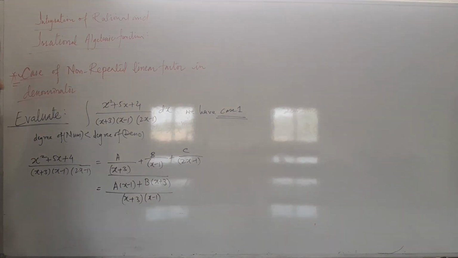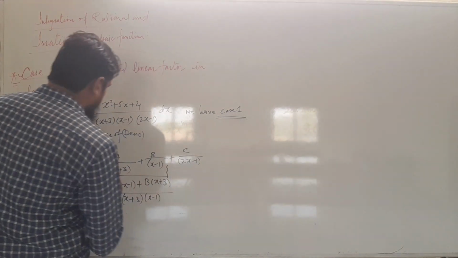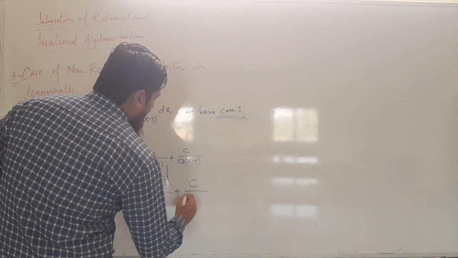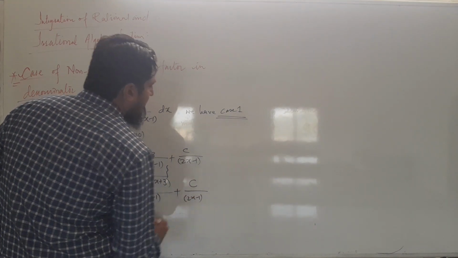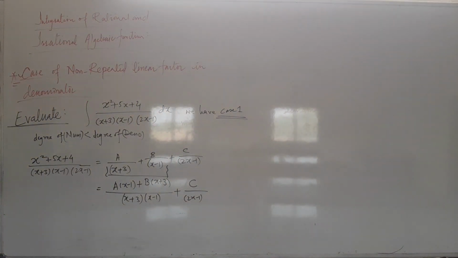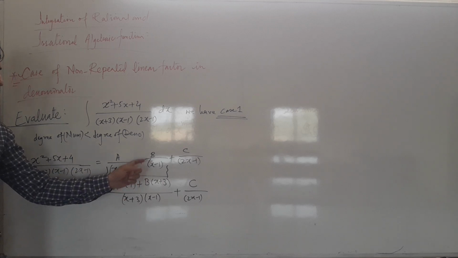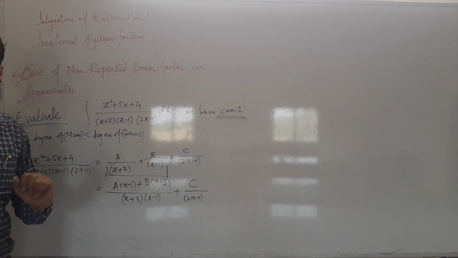Correct? Plus c upon 2x minus 1. We have simplified only two terms, a upon x plus 3 plus b upon x minus 1.